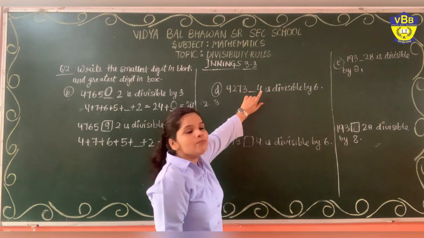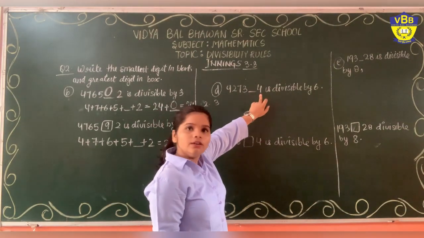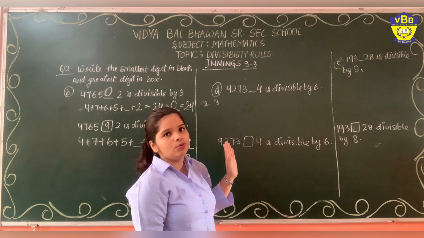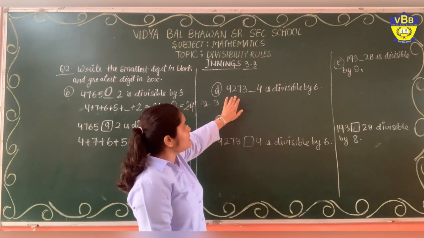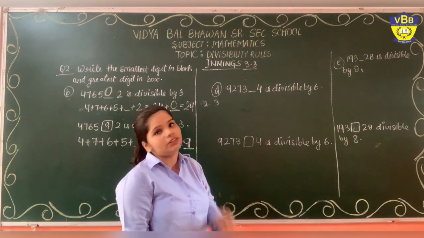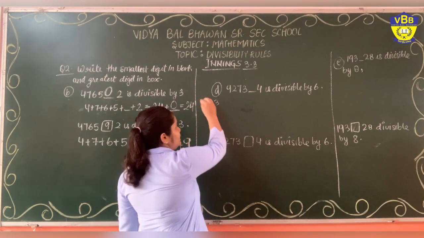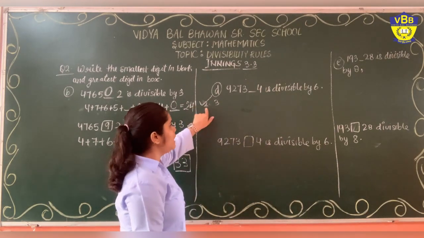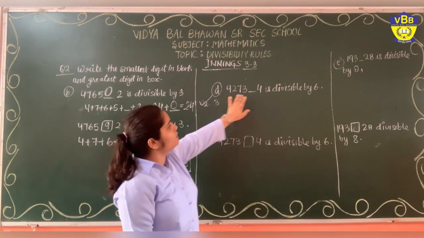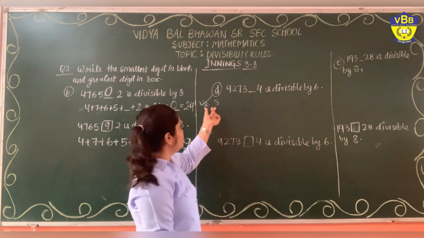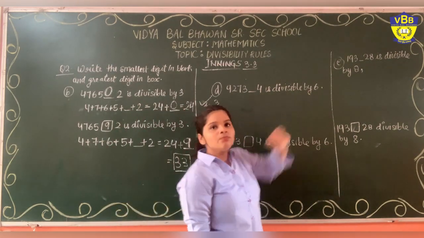We need to see that this number is divisible by 3, which will make it divisible by 6. So what number should be added so that it becomes divisible by 3, and thus finally divisible by 6?